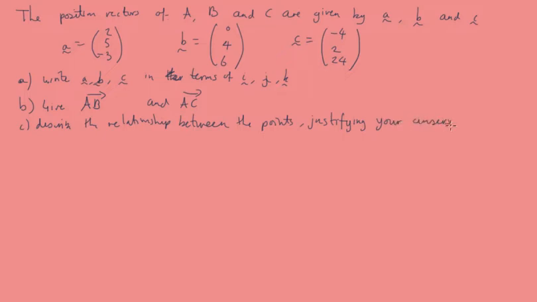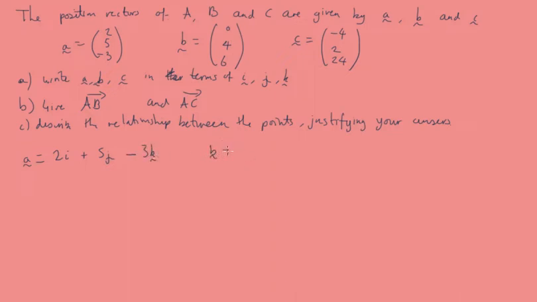Okay, so firstly we want to write A, B, and C in terms of i, j, and k. So vector A is going to be 2i plus 5j minus 3k.